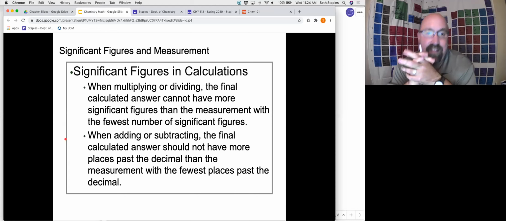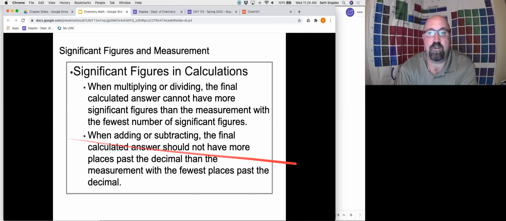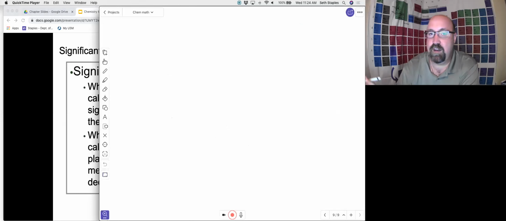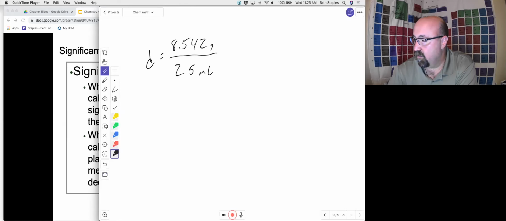In calculations, if you're multiplying or dividing, the final calculated answer cannot have more significant digits than the measurement with the fewest number of significant figures. In other words, if we're looking at density calculations, just throw some numbers out there, maybe 8.542 grams divided by 2.5 milliliters.